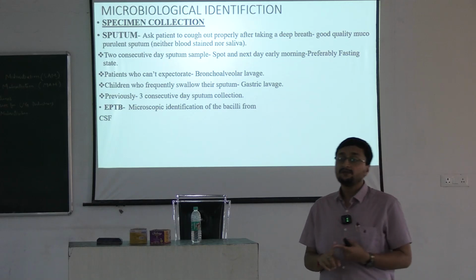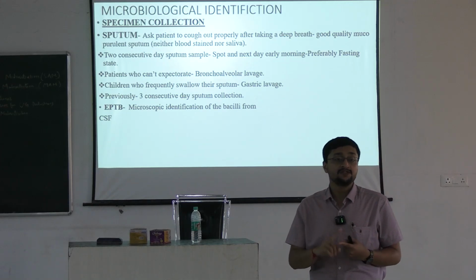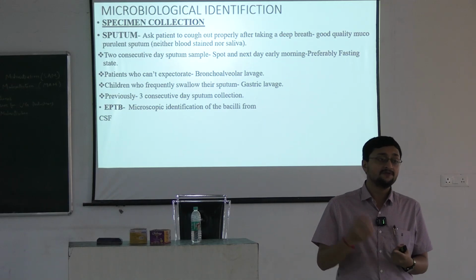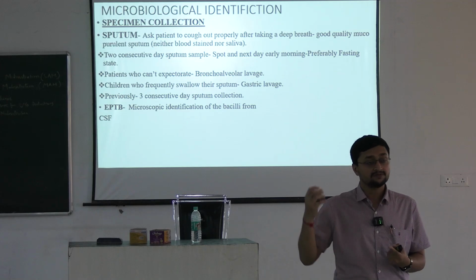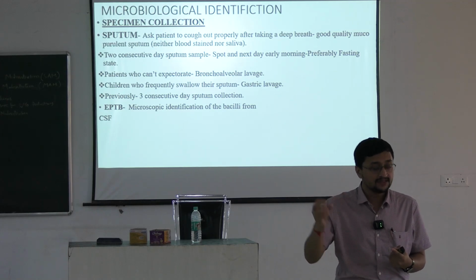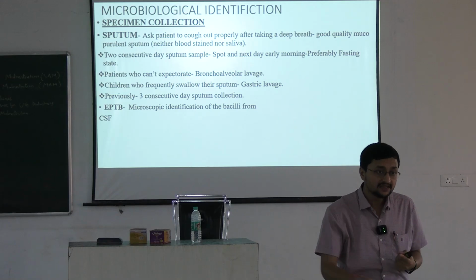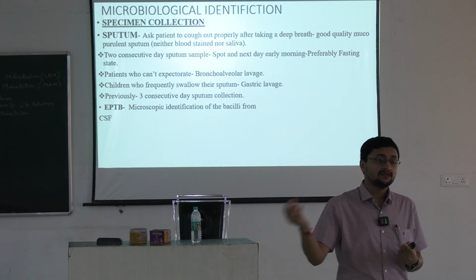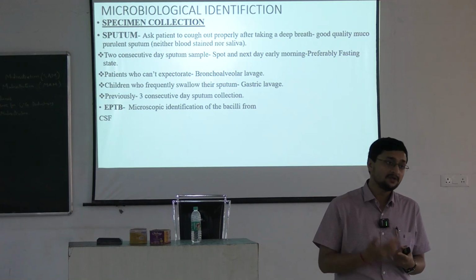But if you are dealing with a case of suspected tubercular meningitis, you have to aspirate the CSF itself, because if the subependymal Rich focus ruptures, then the tubercular bacilli directly invade the meninges, causing tubercular meningitis.